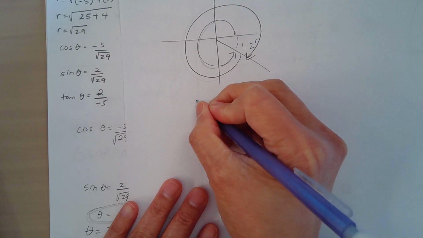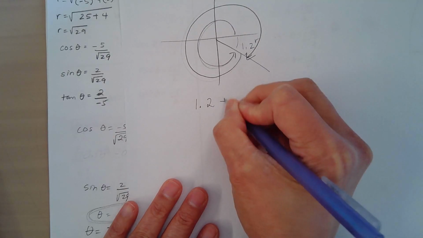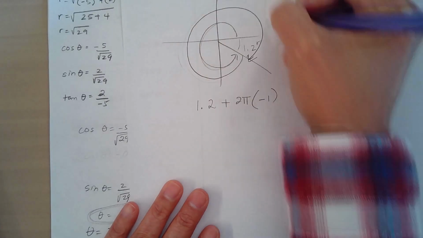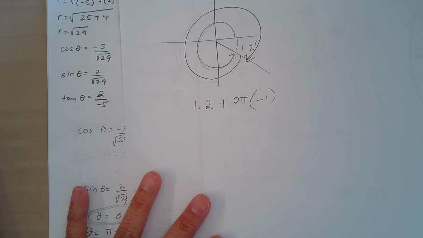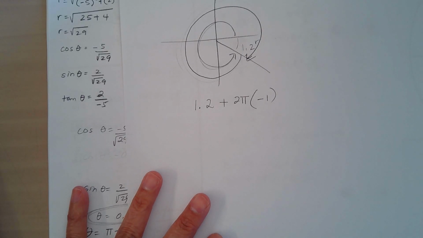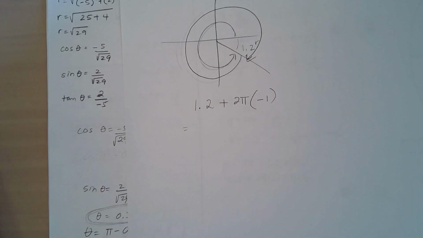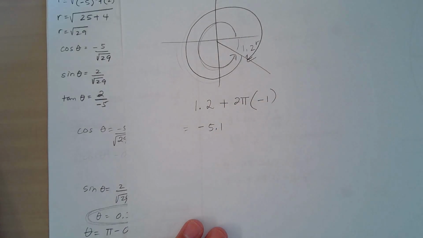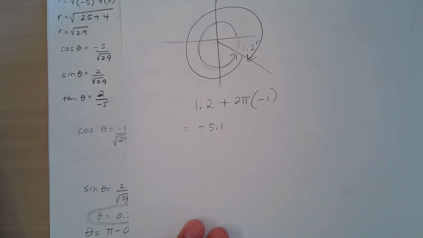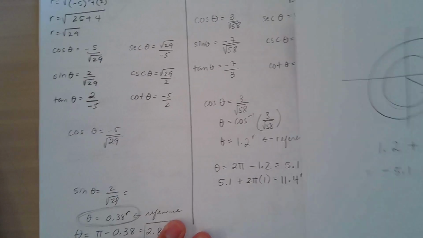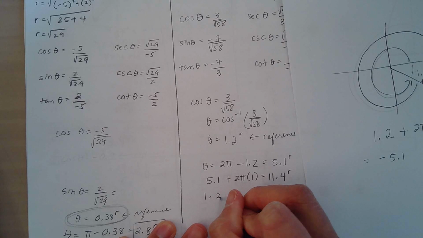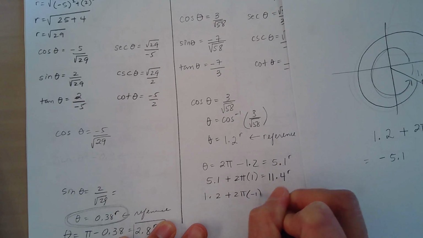That's going to be 1.2 plus 2 pi, and then we're turning the other way once. Okay, so our k is negative 1. Now if we do that, the other coterminal would be 1.2 plus 2 pi times negative 1.